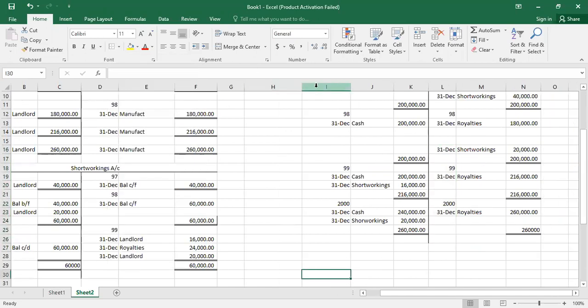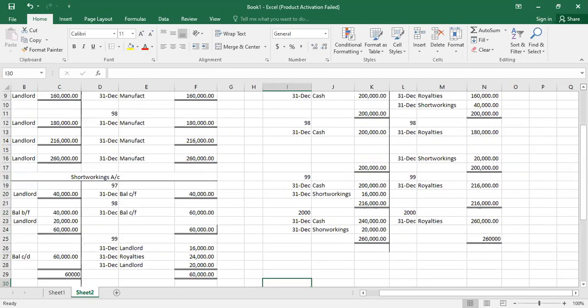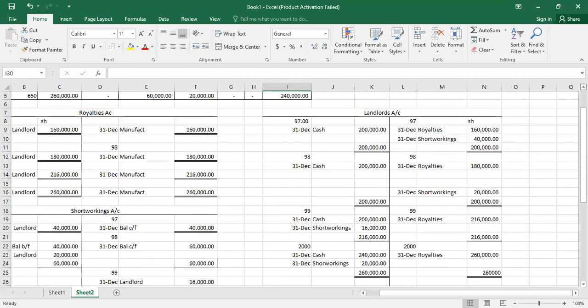So just to reflect on the entries that you made, these are the books of accounts for, what are we calling this? Those are the books of Innovative Manufacturers Limited, right?